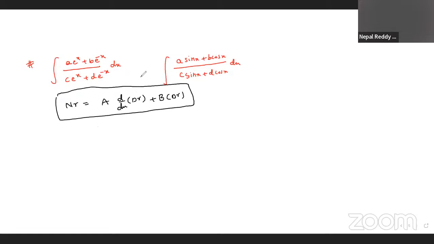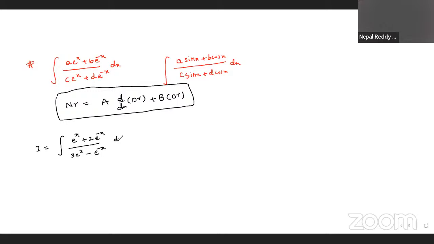For example, if you select the integral function in exponential form, suppose you have e power x plus 2 times e power minus x divided by 3 e power x minus e power minus x.